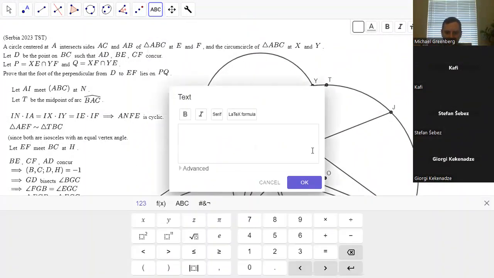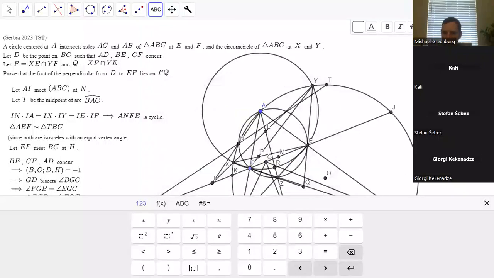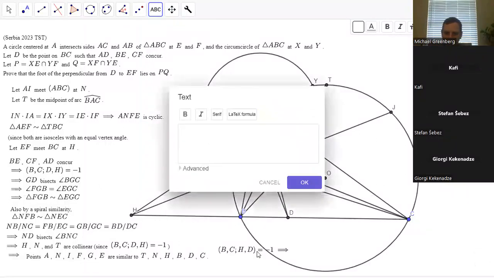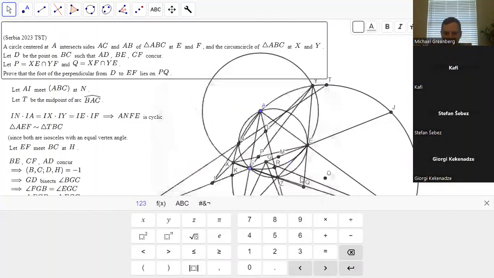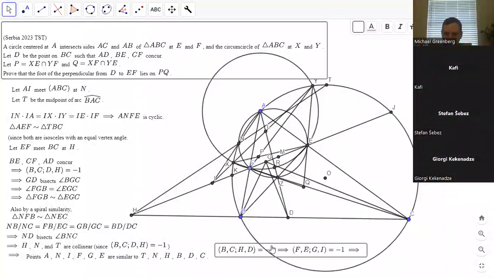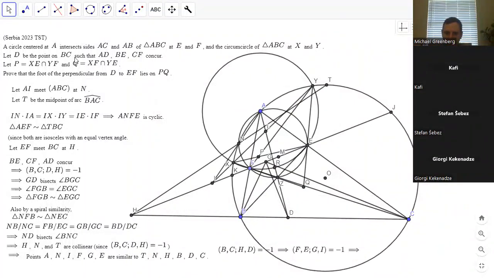So, FEGI. And that means that G lies on the polar I with respect to AF.